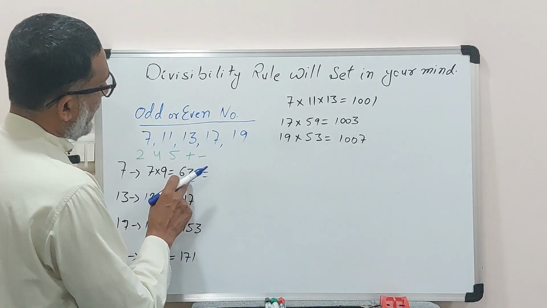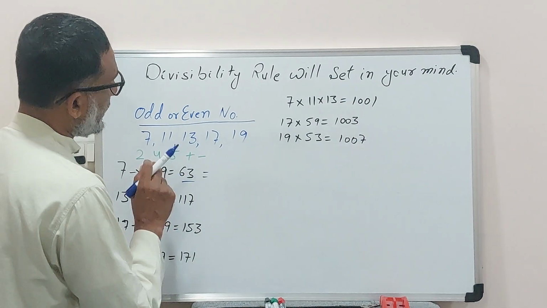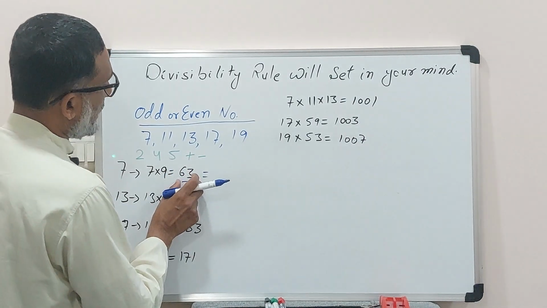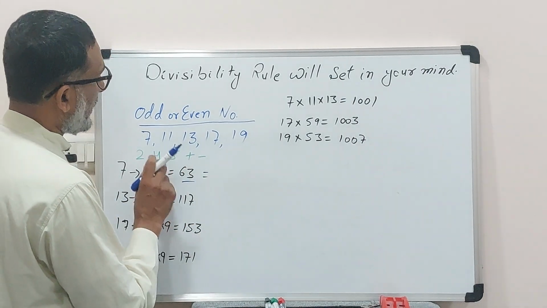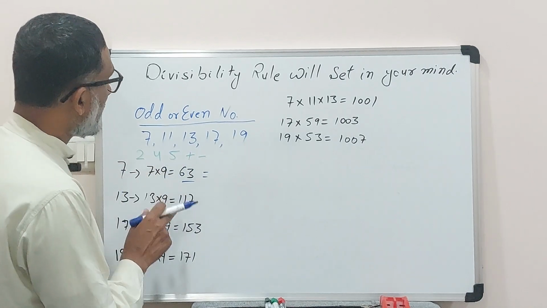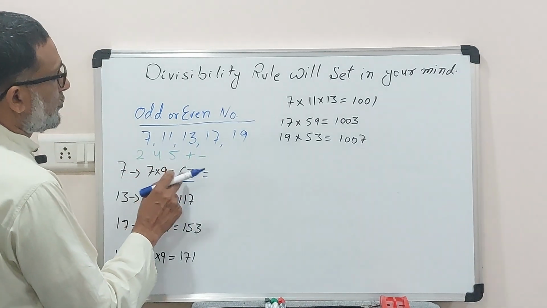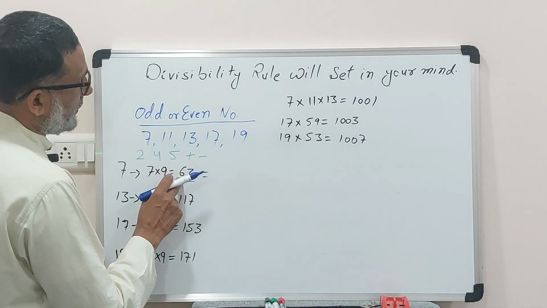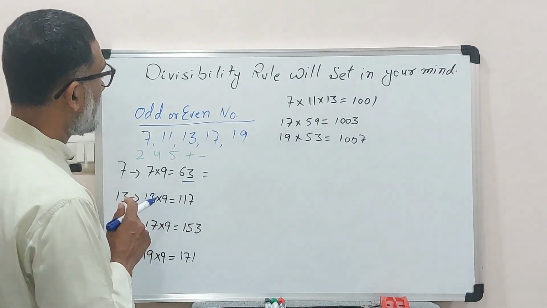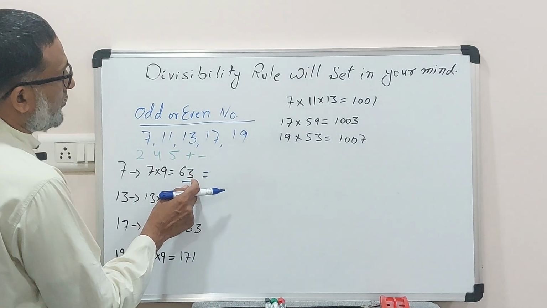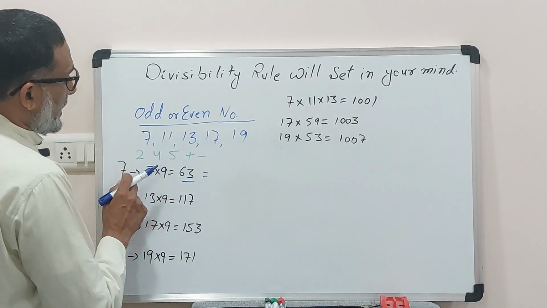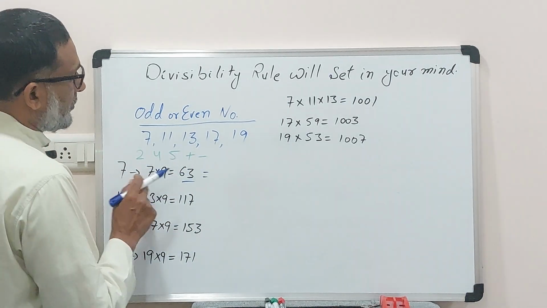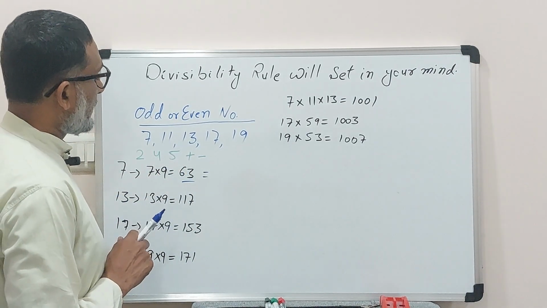Here in 63 the last digit is 3 and the remaining digit is 6. So what do we add or subtract by multiplying by 2? If we multiply 3 by 2, we get 6, and we subtract it from 6, so we get 0. This means if you forget what to multiply for 7, just remember 7 times 9 is 63.